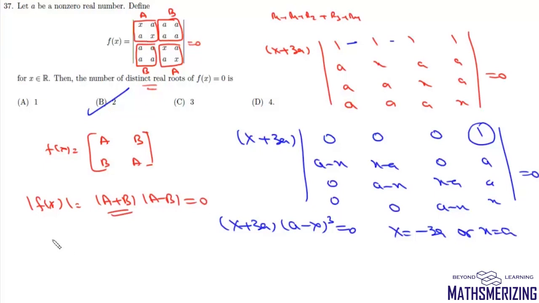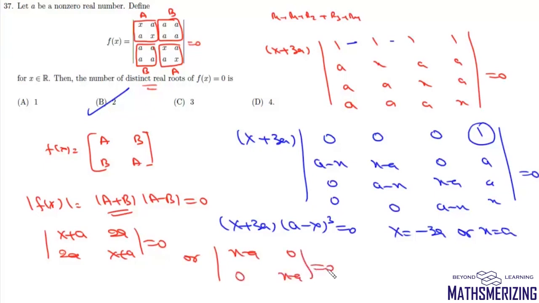Now we'll take A plus B, we can write this as x plus a, 2a, x plus a, either it will be 0 or we'll write x minus a, 0, 0, x minus a, it will be 0. So from here we can write x plus a whole square minus 4a square is equal to 0.